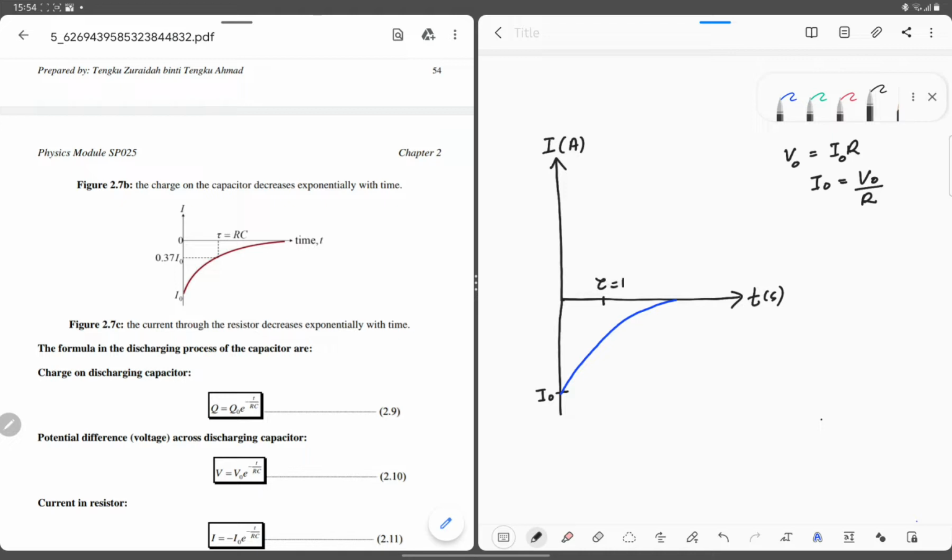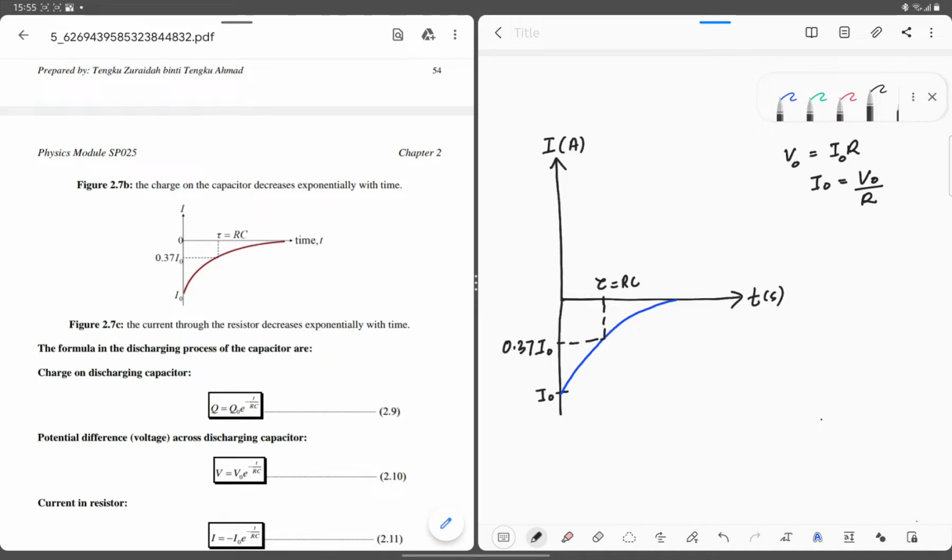Tau is equal to RC. We have a standard value here, 0.37 from its I naught. So if you want to know how fast the capacitor is being discharged, it is based on the value of tau. You calculate 0.37 of its I naught, then you can know the time taken when you extrapolate the graph, if you have the graph.